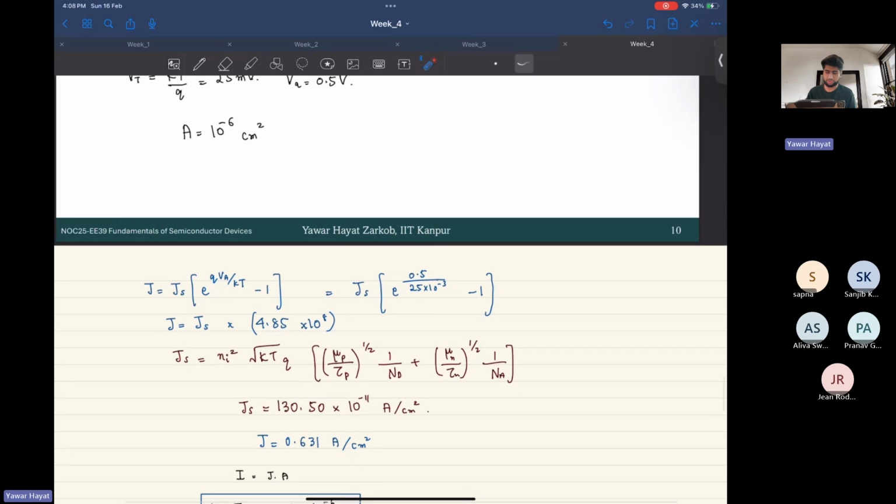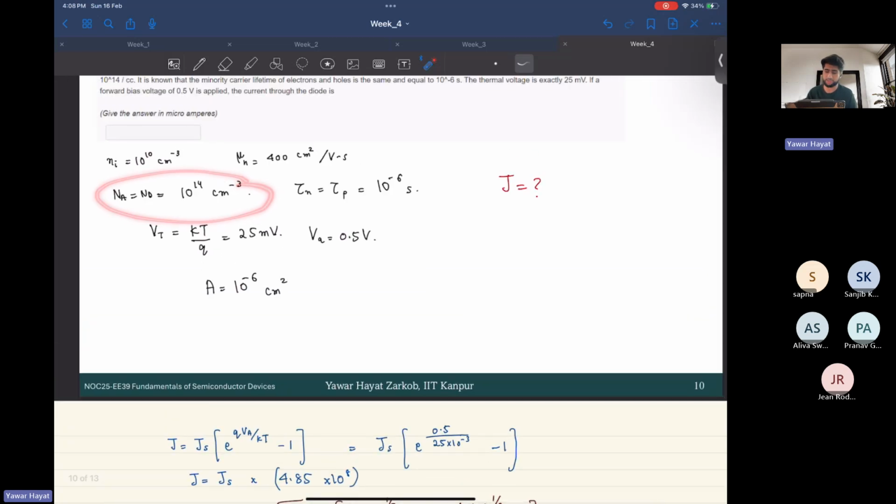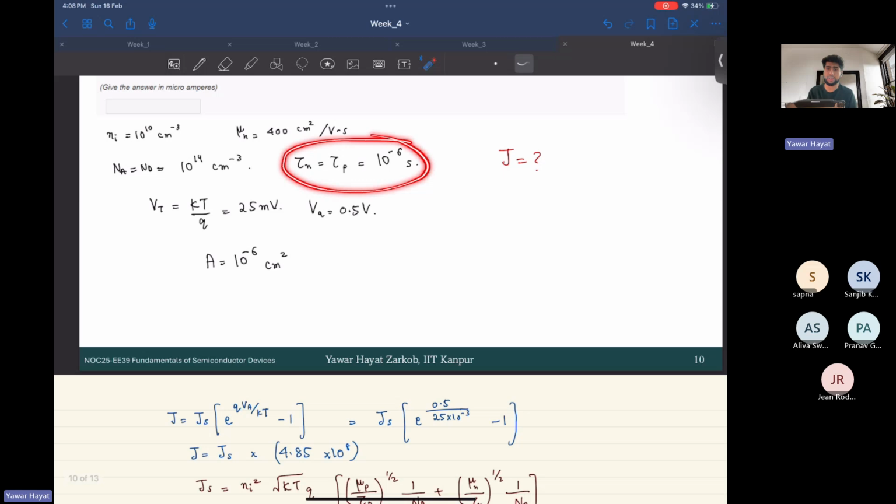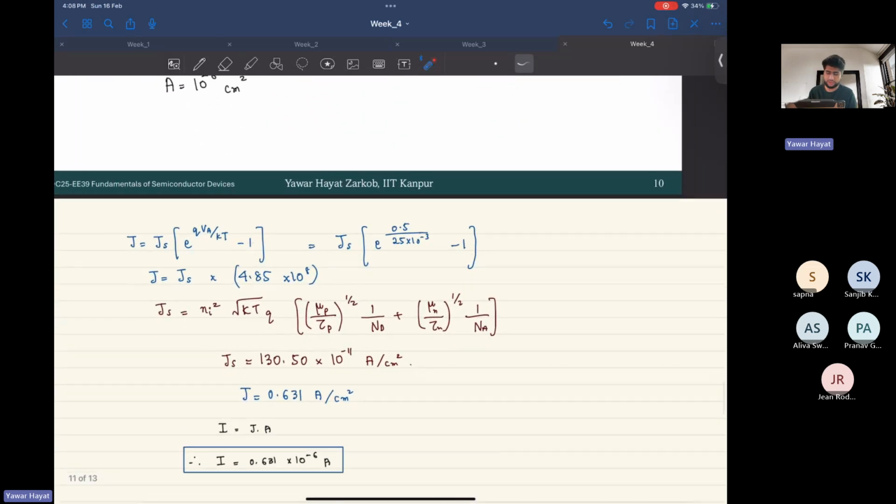So your kT would be 25 milli electron volt. I also used mu p, mu n, tau p, tau n, Nd, Na. Na and Nd were 10 to the power 14 per centimeter cube. Tau n and tau p were 1 microsecond. When I plugged in those values, your Js, the reverse saturation current density, came out as 130.50 times 10 to the power minus 11 ampere per centimeter square.